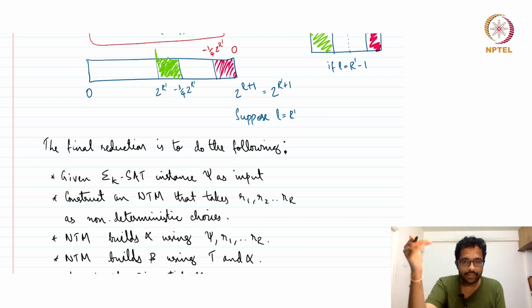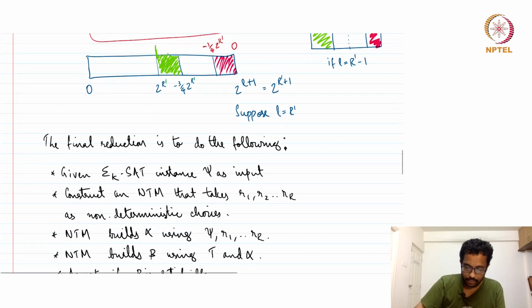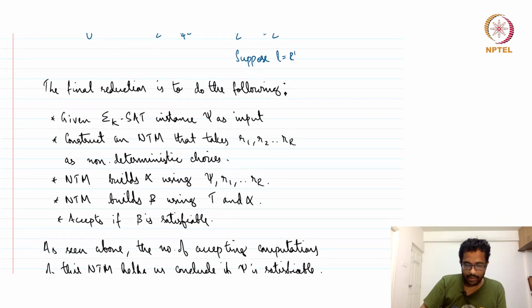Now alpha is obtained, and now we build beta, which is deterministic, using T and alpha, which is using the process T, and you accept if beta is satisfiable, right.